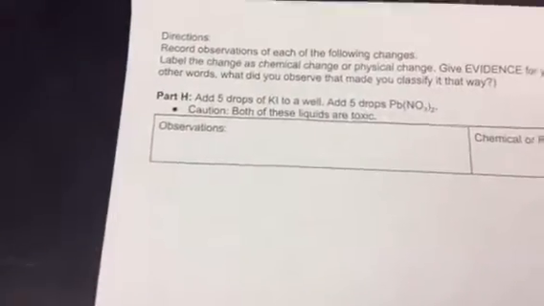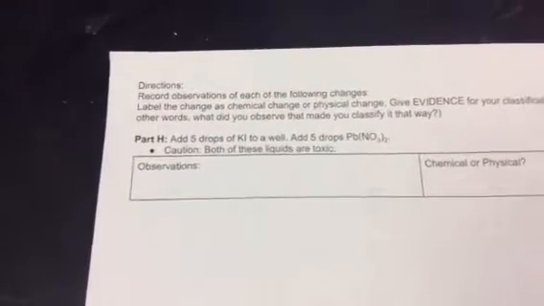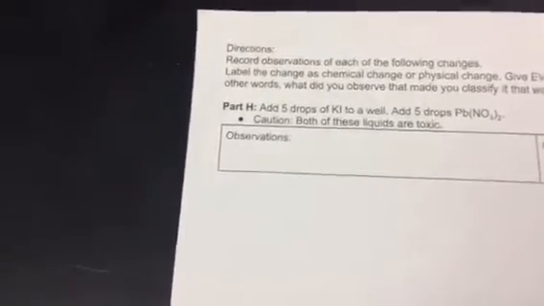Alright, we're going to walk over here now to do part H. So this says add 5 drops of potassium iodide to a well, and then add 5 drops of lead nitrate. So here's my potassium iodide.